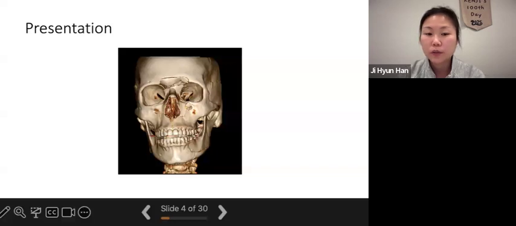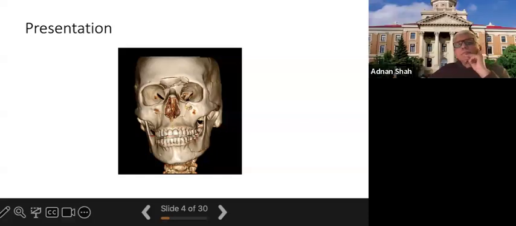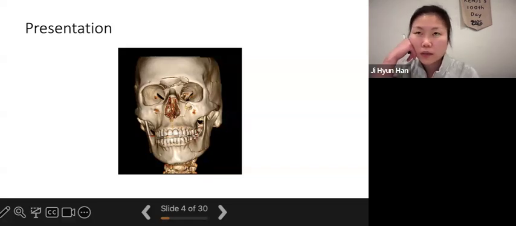Yes, please. So sinus precautions: not blowing the nose, sneezing with the mouth open. In terms of preventing pressure to the head, you want to have the head elevated.